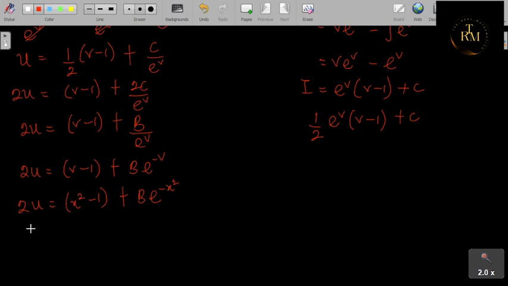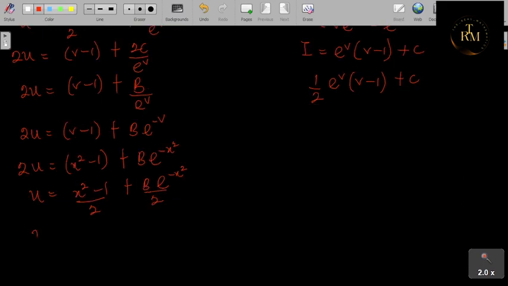So u equals x squared minus 1 over 2 plus b exponential minus x squared over 2. I can make b over 2 another constant, since b over 2 is a constant. So I have u equals x squared minus 1 over 2 plus d exponential minus x squared.